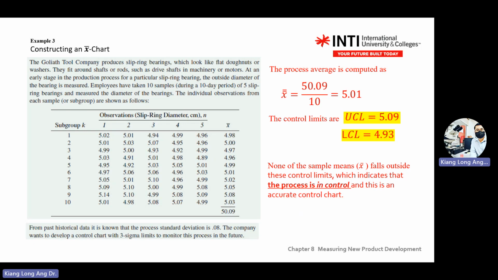So you look at the average there, is almost everything there, but maybe it's very difficult to see. What you do is you plot the chart. Once you plot the chart, you will see all the values here are within the process control.